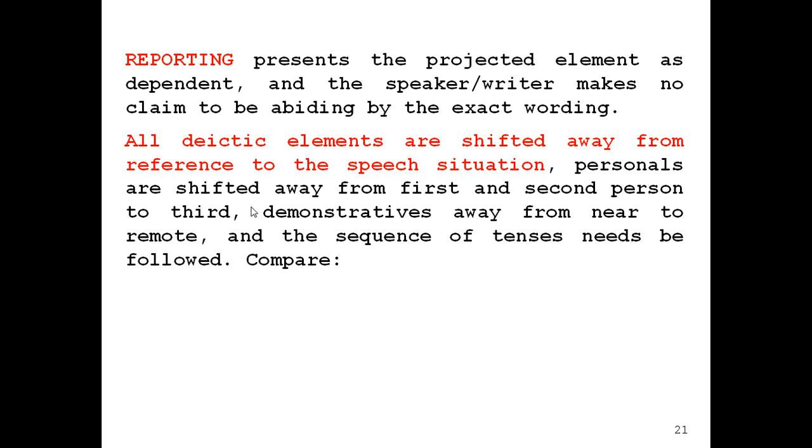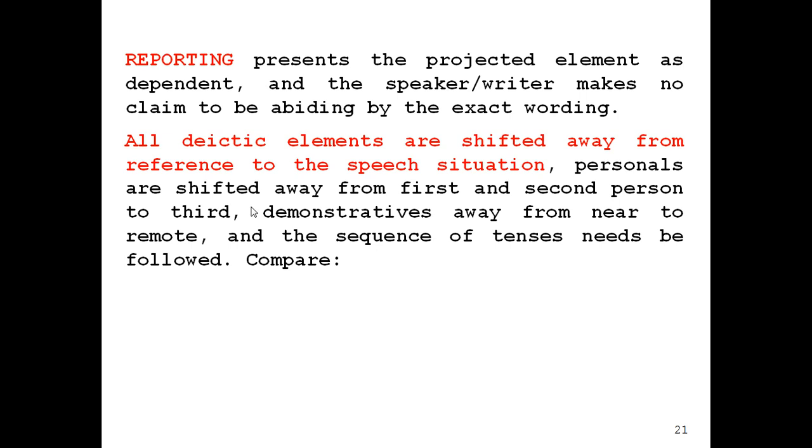Okay, so when we say that all the deixis is shifted away from reference to the speech situation, it means that the choice of tenses will not depend crucially on the real time, on the physical time, but it will depend on the dependency relations.